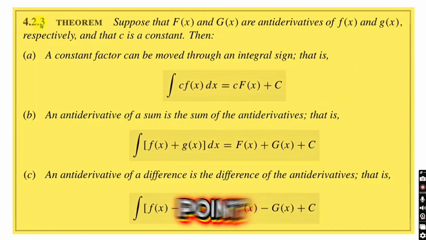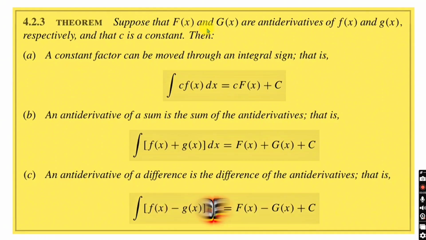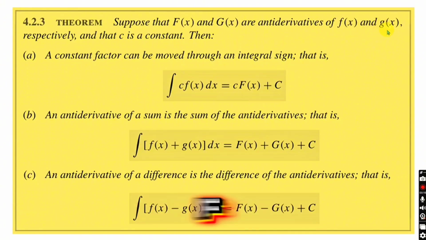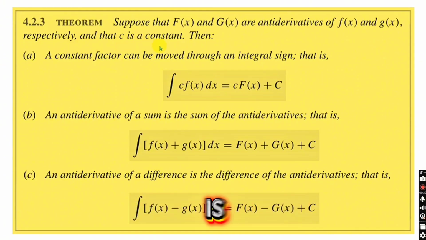Theorem 4.2.3. Suppose that capital F of x and capital G of x are antiderivatives of the two functions f of x and g of x respectively, and that c is a constant.